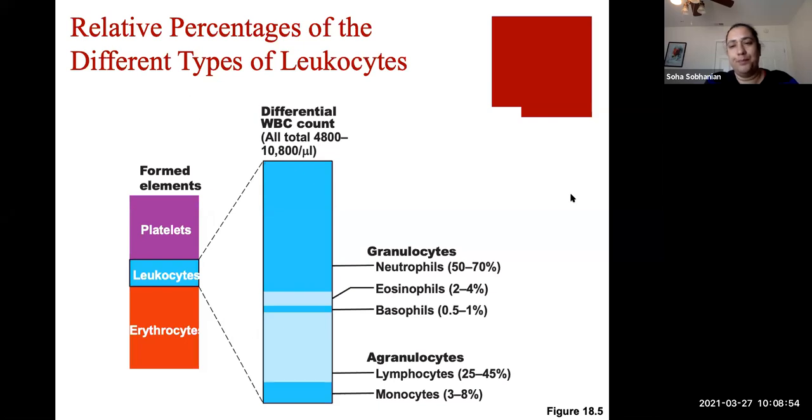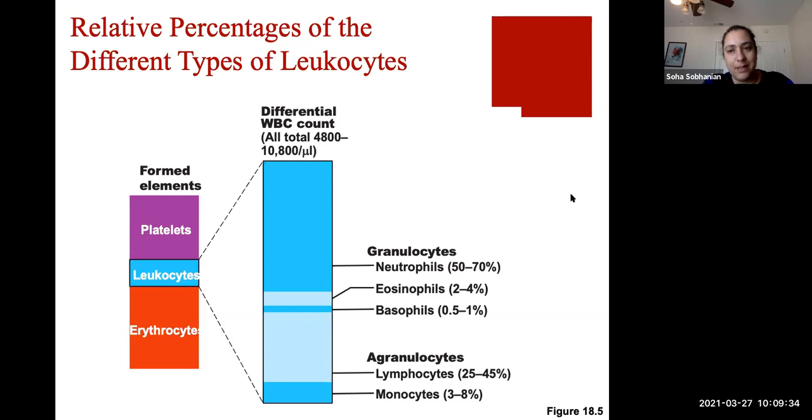To keep your red blood cell level constant, your RBC formation should be equal to RBC destruction. So that's 2 million per second destruction and 2 million per second production.